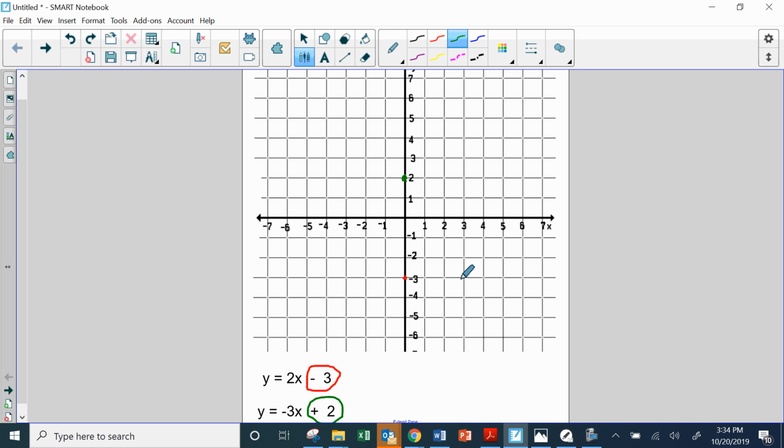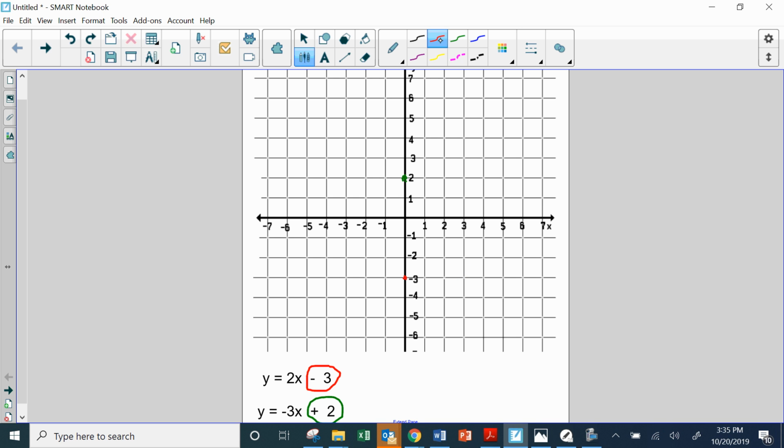So here, it's going to get a little tougher to use my drawing tool, so I'm going to try to use my finger and see if that works. So next, I'm going to go back to the first equation. It's the one with the red -3. I know that red ordered pair, which is 0, -3, I'm going to write that.